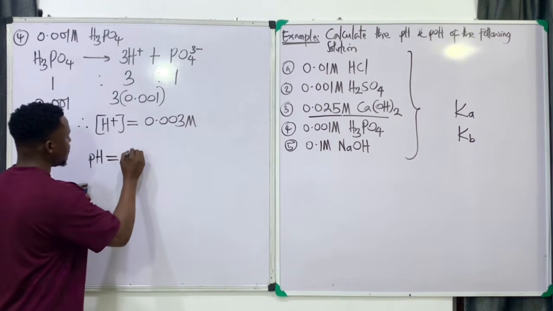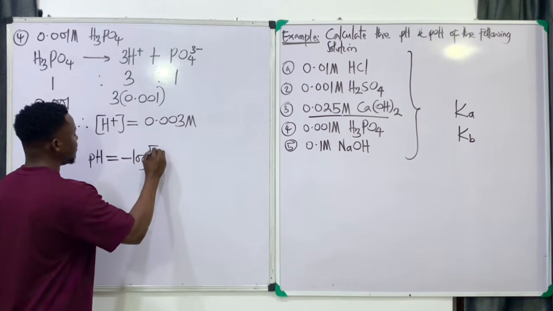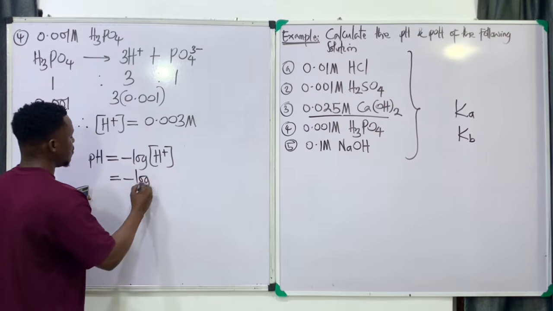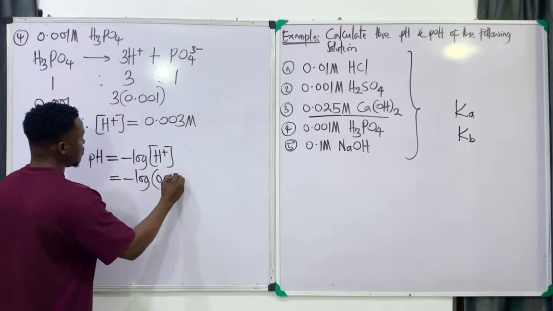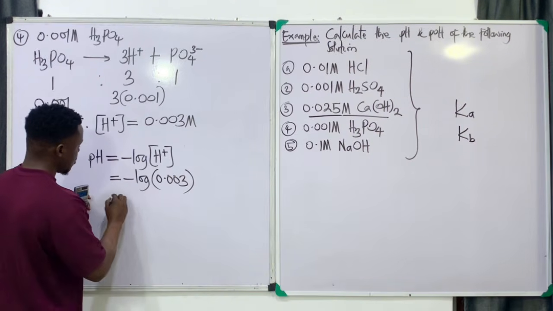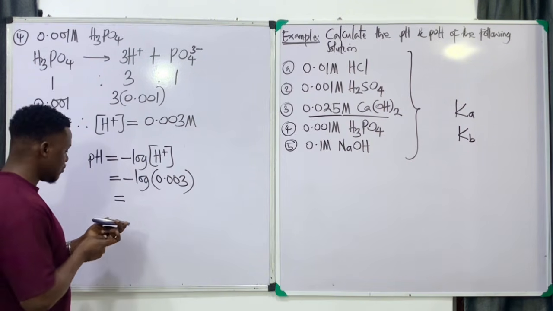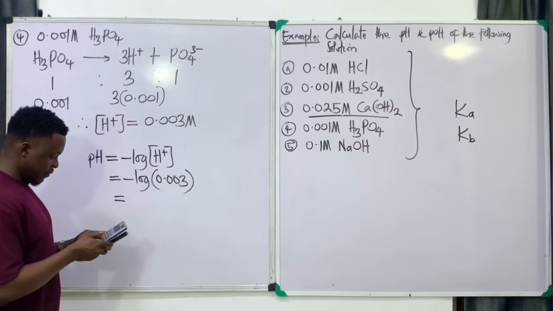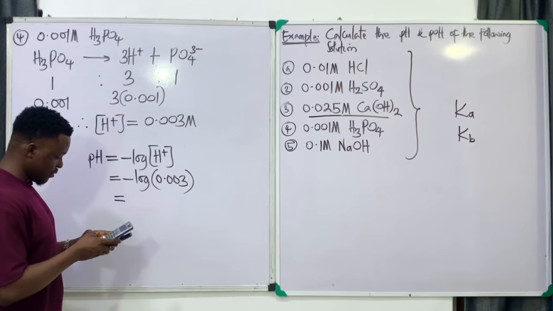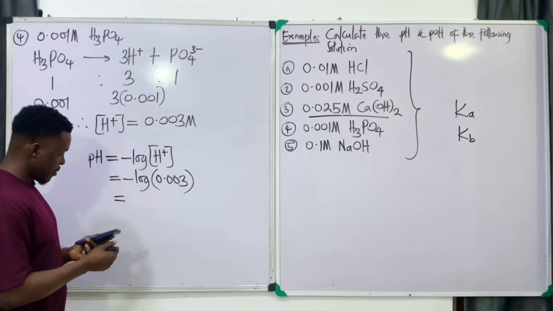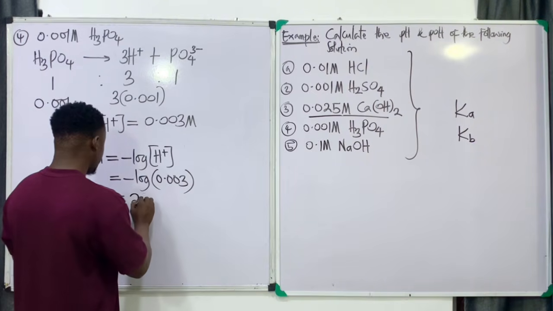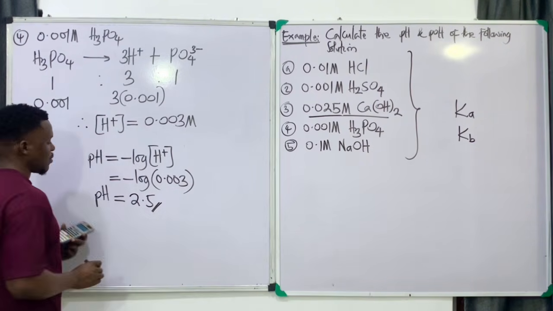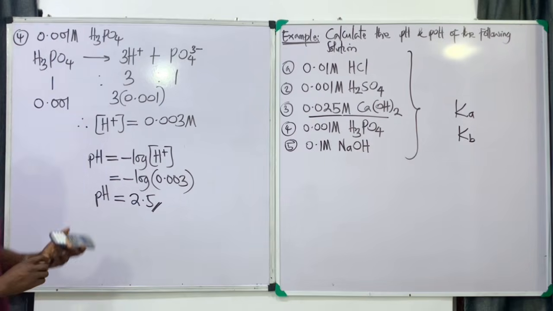This is negative log of H plus, which is negative log of 0.003. If you press your calculator, this equals 2.5. So pH of this is equal to 2.5.